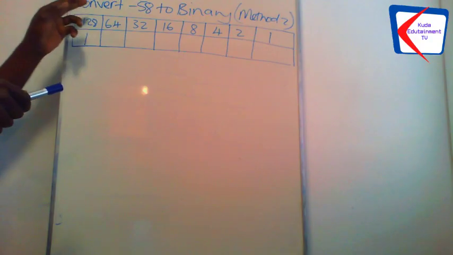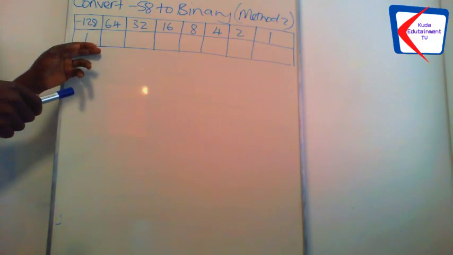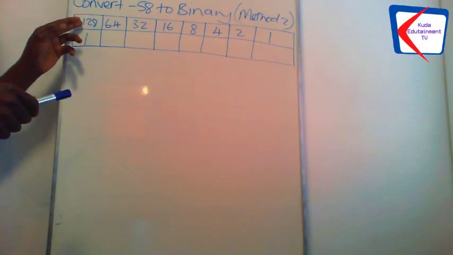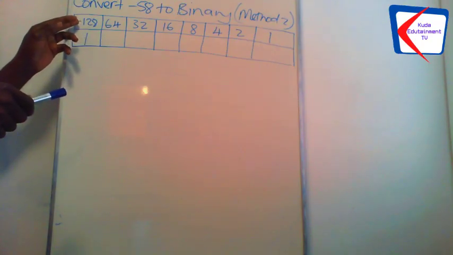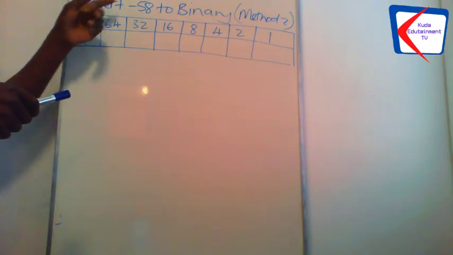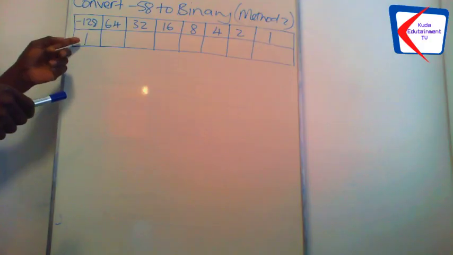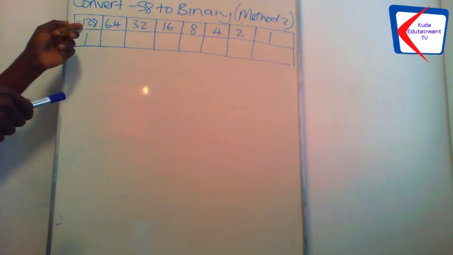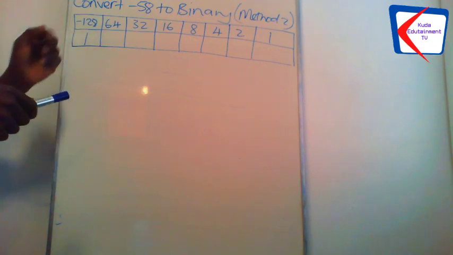But if we are representing positive numbers using this method, the bit under negative 128 should be a 0. In this case, we want to represent a negative number, so the bit should always be a 1, and the binary unit 128 should always be negative.